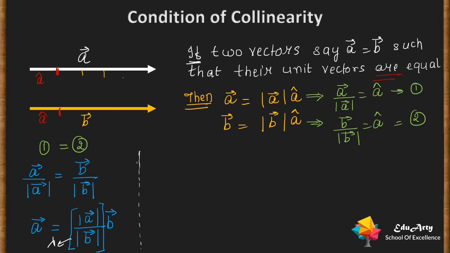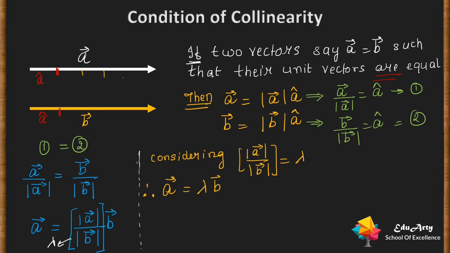That means, considering magnitude of A vector by magnitude of B vector is equal to some constant value, say lambda, therefore we will have that A vector is now equal to lambda into B vector.